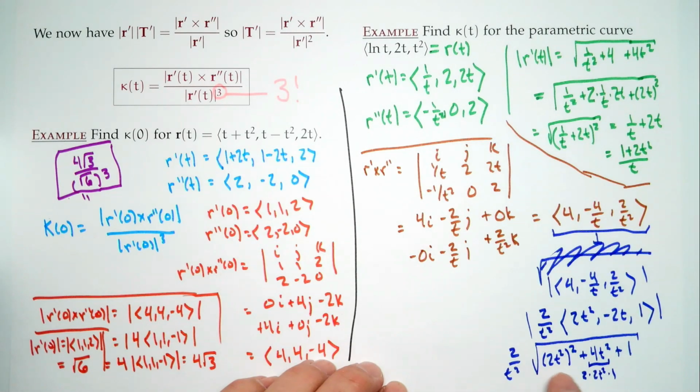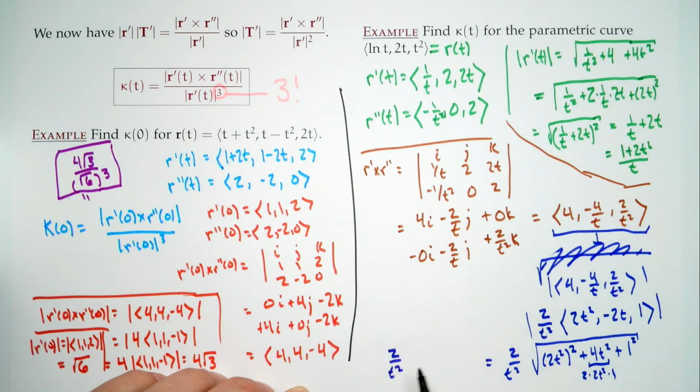Well, I have a 2t squared in the front, and this 1 is actually 1 squared. So it is a perfect square, almost as if it had planned to be that way, because they had planned it to be that way. So this is really 2 over t squared, and then I have the square root of 2t squared plus 1 quantity squared, so that becomes 2t squared plus 1 after you take the square root.